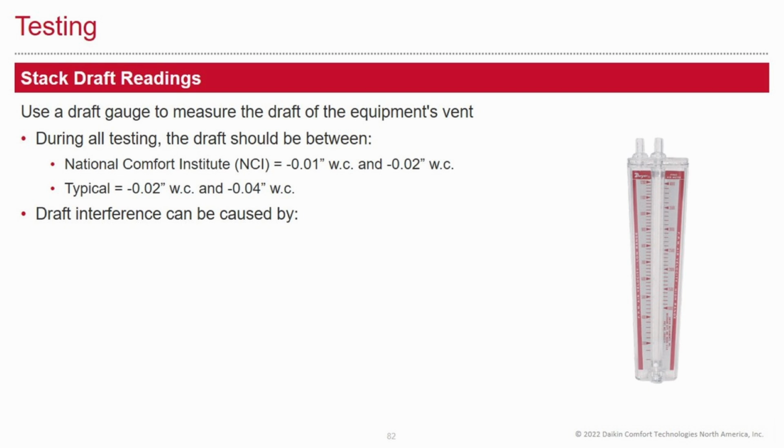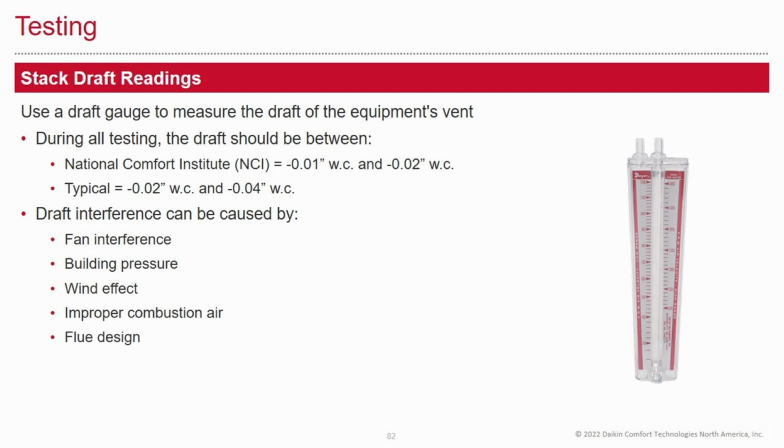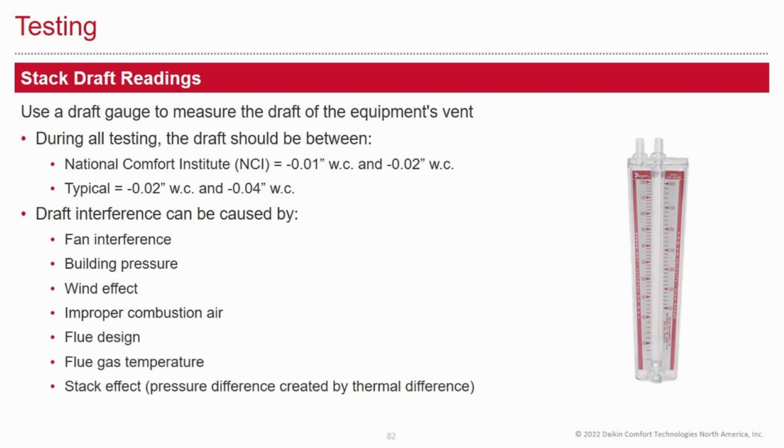Draft interference can be caused by fan interference, building pressure, wind effect, improper combustion air, flue design, flue gas temperature, and stack effect, which is pressure difference created by thermal difference.